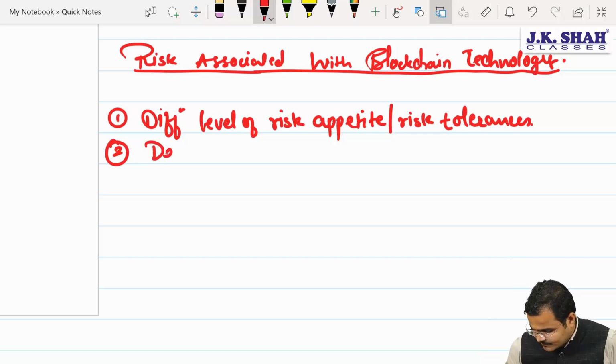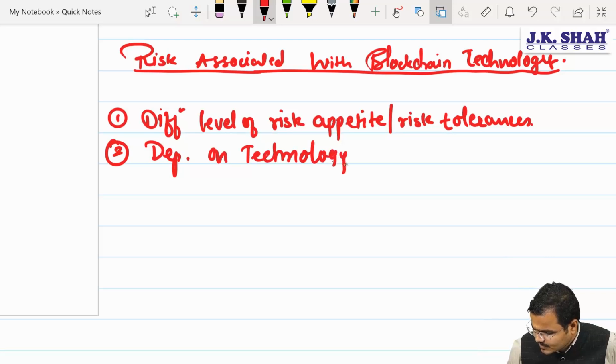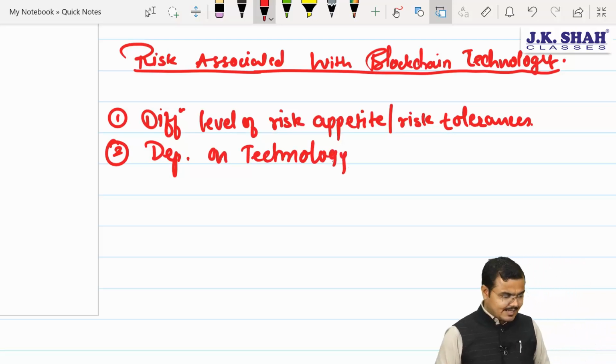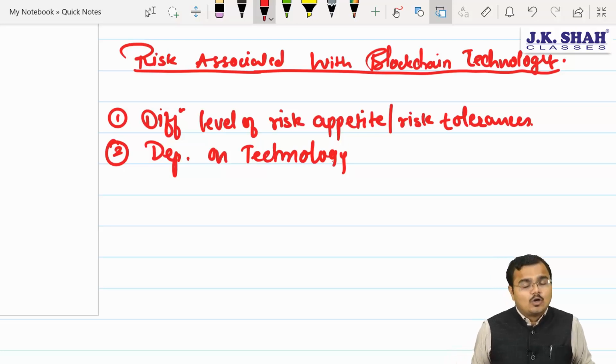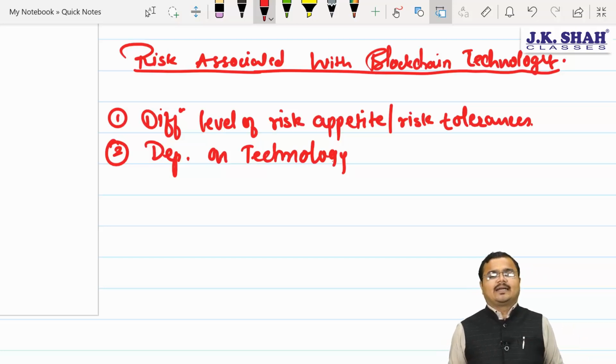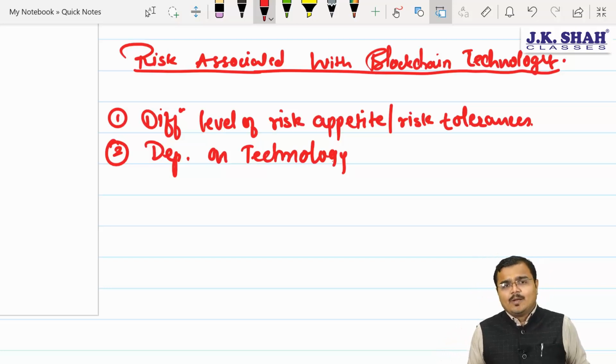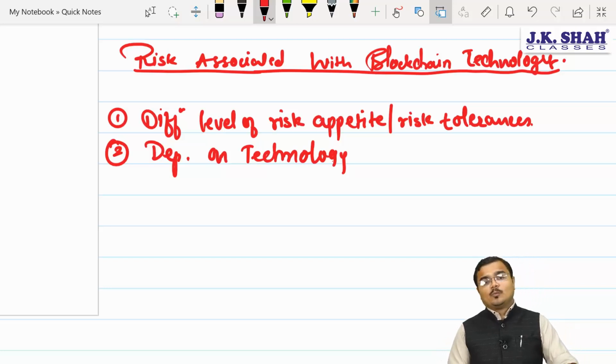If the technology mechanism is tampered with or changed, then tremendously dangerous things could happen. So second, it's what? Sir, dependence on technology. Understood? Yes, sir. In the cryptocurrency market also we are saying the same thing, that many cryptos are not at all trustworthy. Why? Because we don't know the underlying technology behind it. We don't know whether this blockchain could be hacked or not.